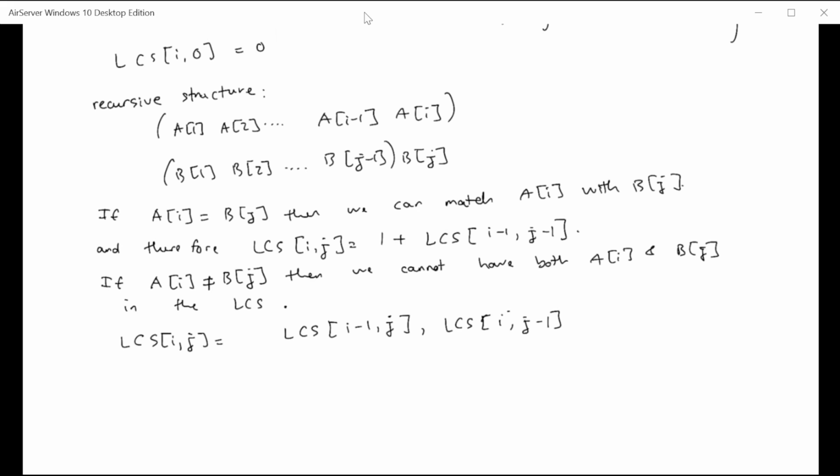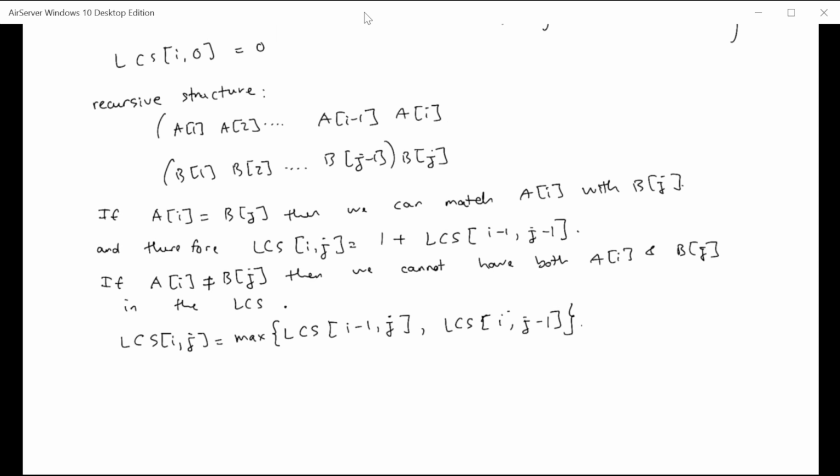So of course, we look into both of these cases, and we take the one that is longer, because we are trying to find the longest common subsequence. Okay, so again, we have this rule.